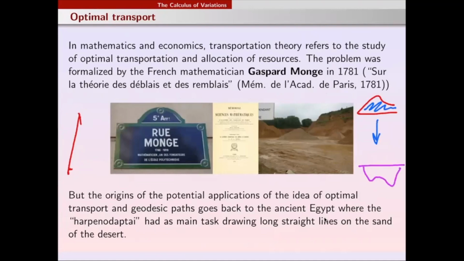We should place all this material, which is located here, in this place, which probably doesn't have the optimal shape. And I would like to do this transport from this initial configuration to the last one, in a way that we optimize something. So what do we optimize? Well, we have to check.